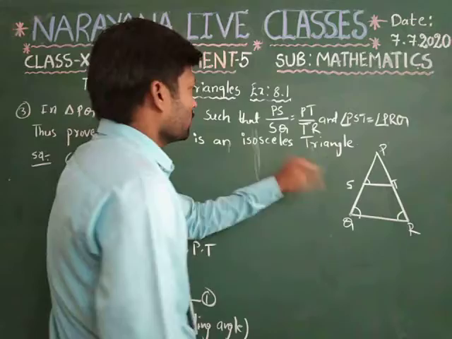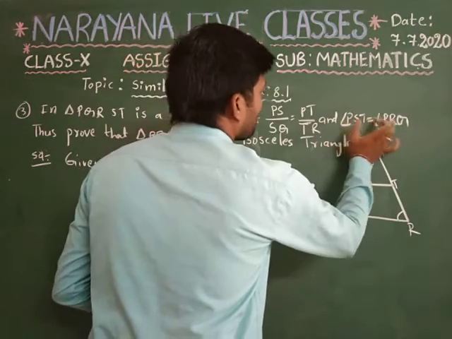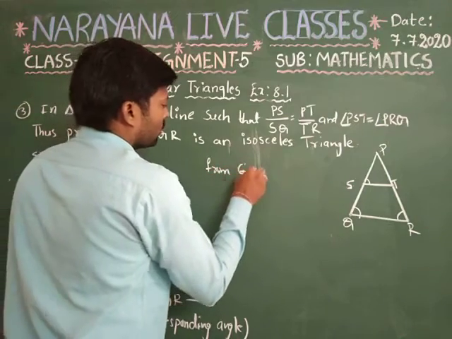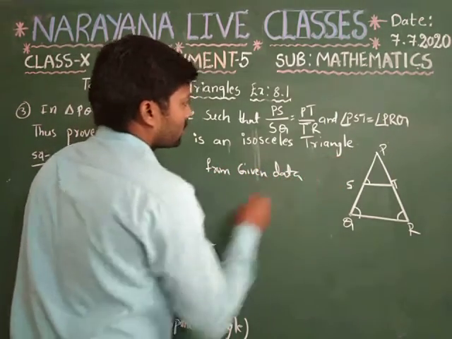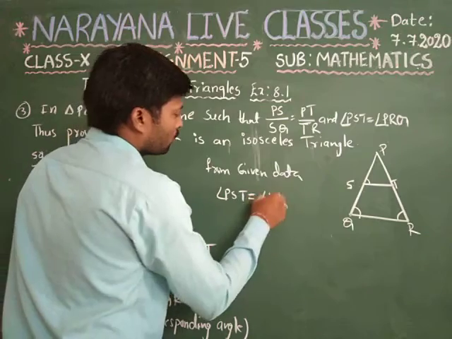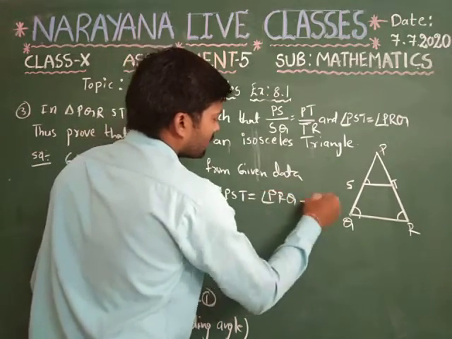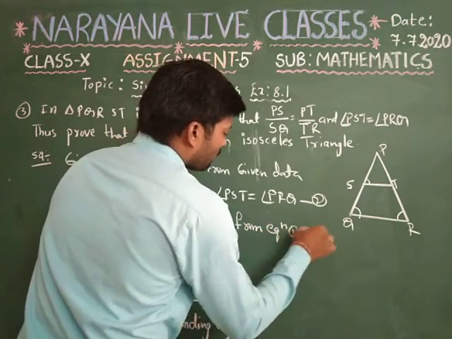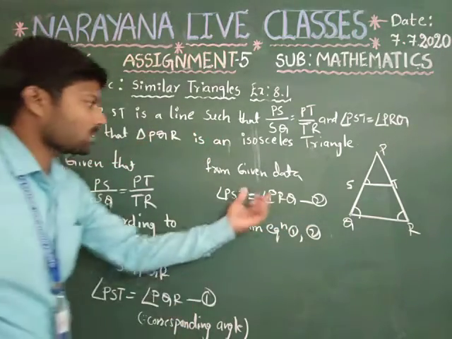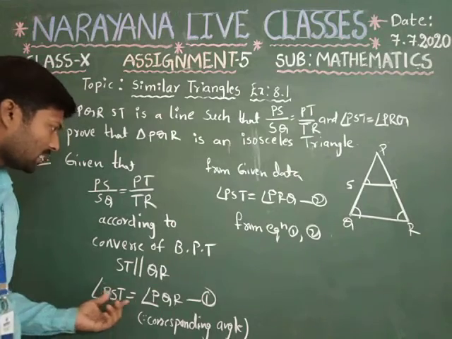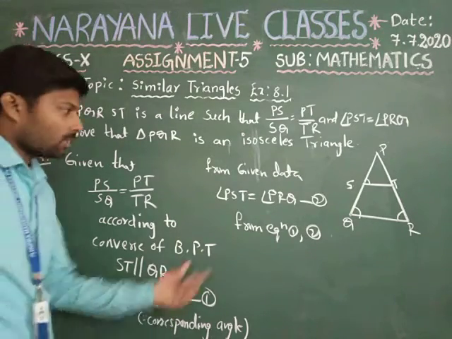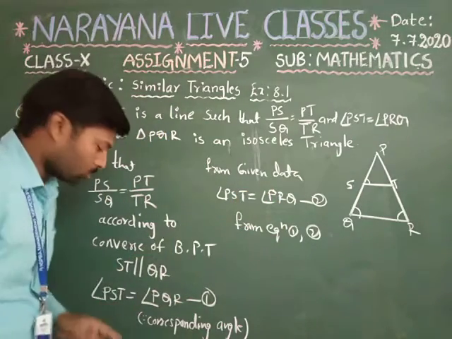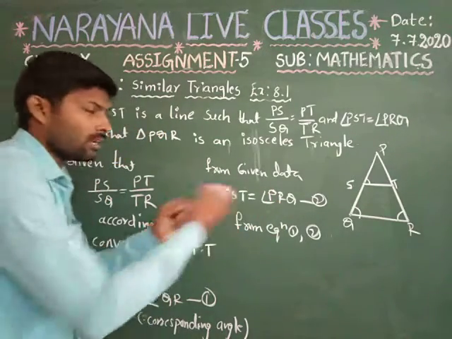Again, in the question, what is given? Angle PST is equal to angle PRQ. The reason is from the given data. Let's take it as the second equation. From equations 1 and 2, if angle PST is equal to angle PQR, and angle PST is equal to angle PRQ, both LHS parts are equal, so we equate the RHS parts.